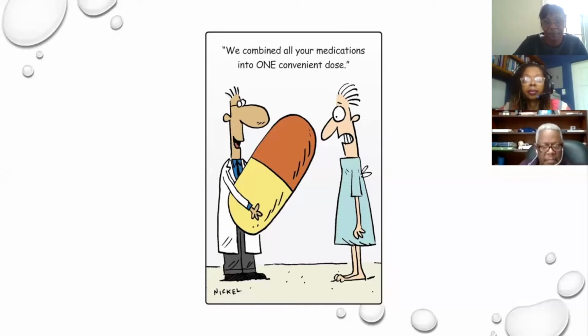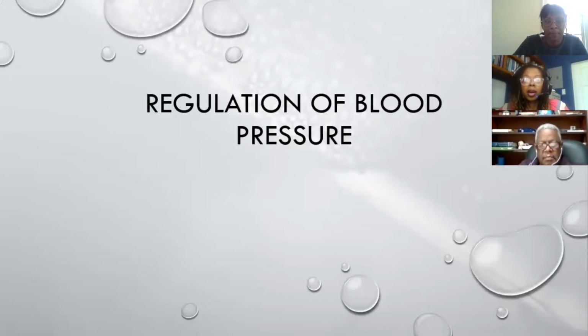Okay. So let's start now with one of the main roles, which is regulation of blood pressure. As I said, the kidney itself has a regulatory role, but in conjunction with the heart, it also plays a role. And again, I know we've got people at different levels, so I hope I'm not being too basic, but I just wanted to explain what blood pressure was.